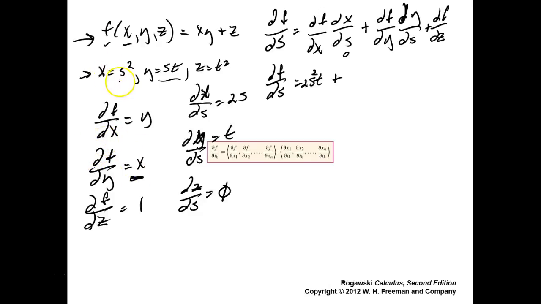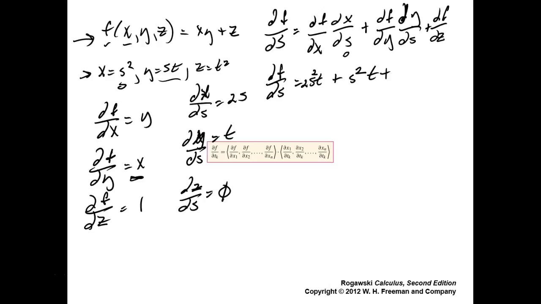Well, x is s squared, so that would be s squared times the partial of y with respect to s, t. Okay? And then the third one's pretty easy. That would be plus the partial of f with respect to z.